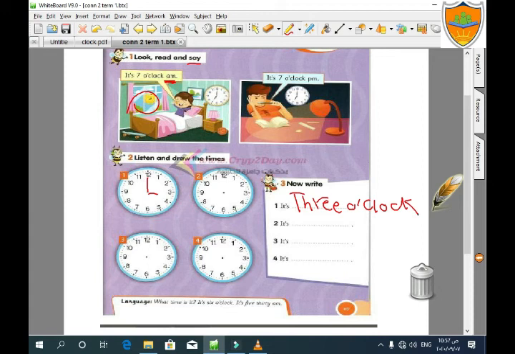It's 5:30. Number 3, what time is it? It's 2 o'clock. And number 4, what time is it? It's 7:30.